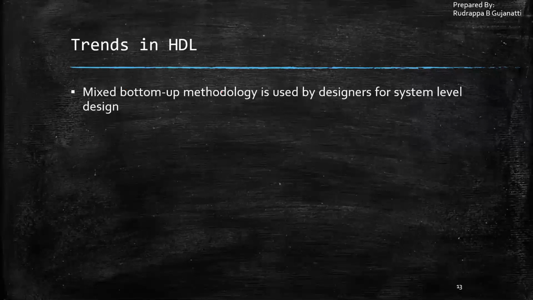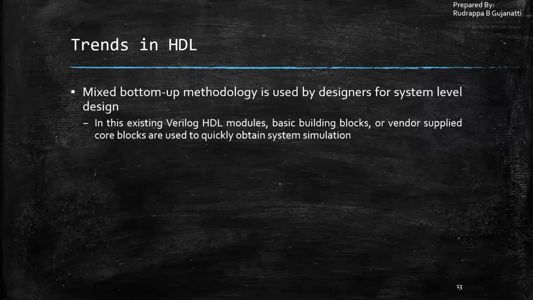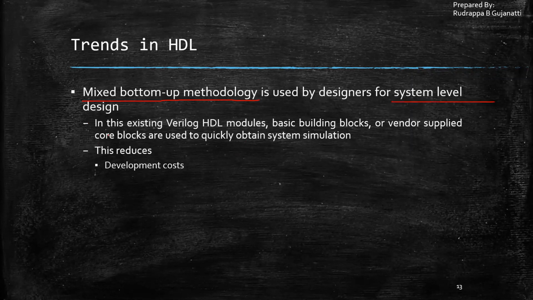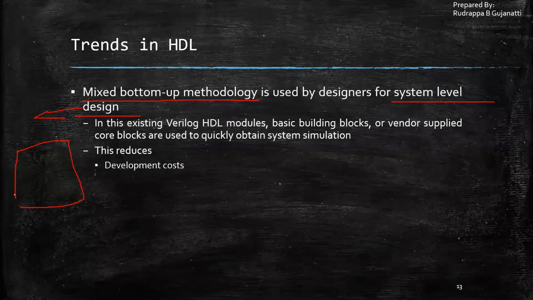We will see what it actually involves. Here, if I am able to use a mixed technique of bottom up and top down approach or methodology, it basically reduces the development cost. If you want to design a system, you try to see what all things are available with you, on the HDL side, and using those you can build the entire system.